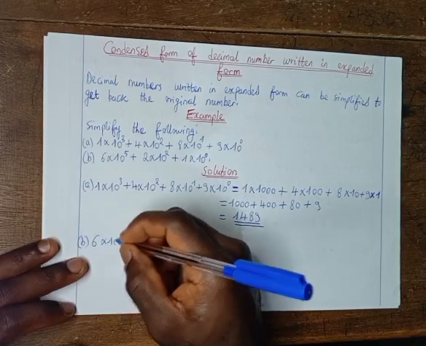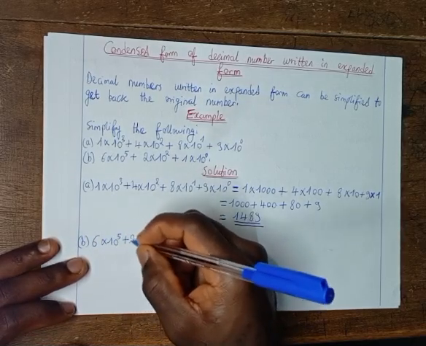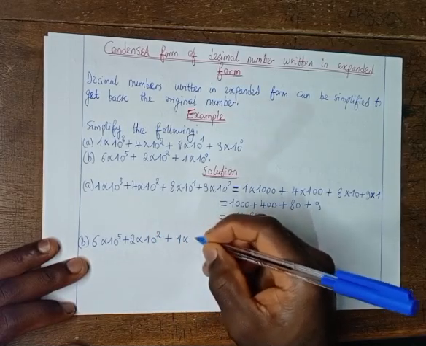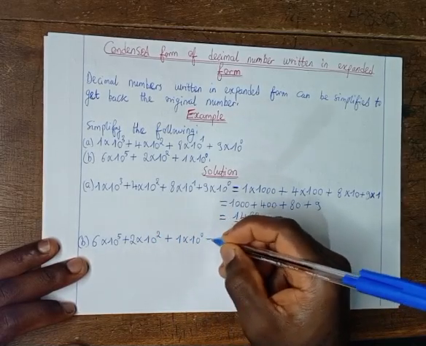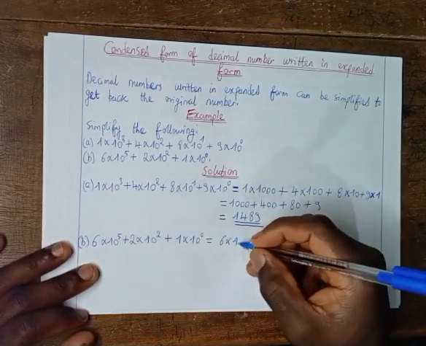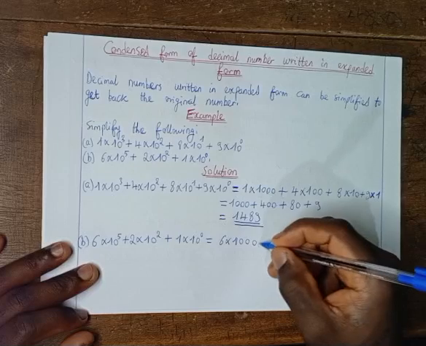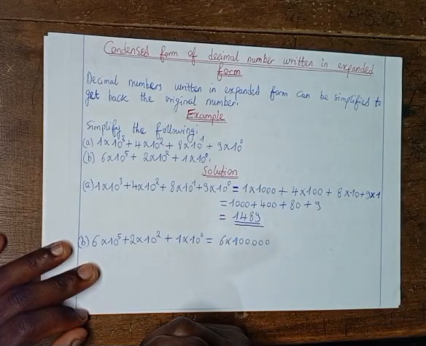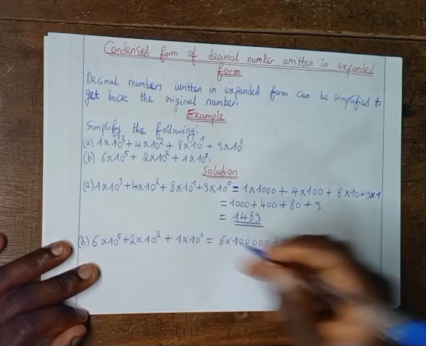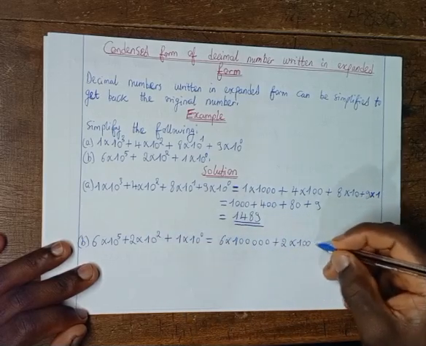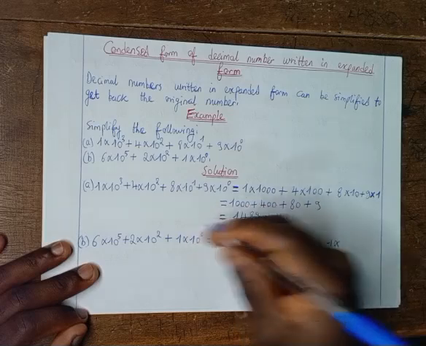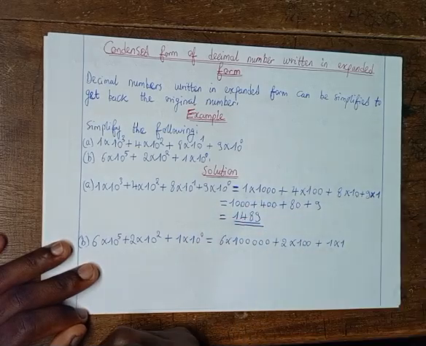We have 6 times 10 to the power 5 plus 2 times 10 to the power 2 plus 1 times 10 to the power 0. This is simply equal to 6 times 1 with 5 zeros, that is 100,000, plus 2 times 10 to the power 2, 1 with 2 zeros, 100, plus 1 times 10 to the power 0, which is simply 1.